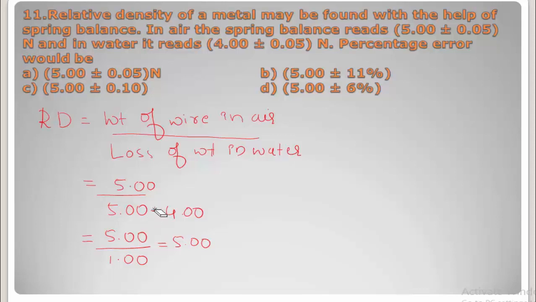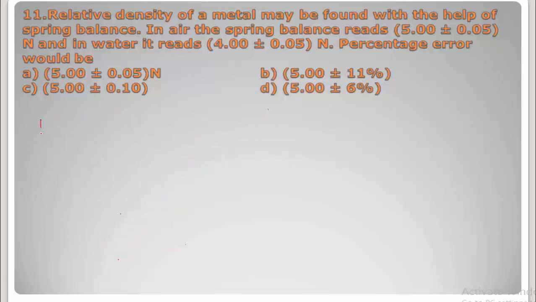Now the percentage error. Percentage error is equal to delta rho by rho into 100. Here rho means relative density, not the usual normal density. So this is found using these two values, in air and in water.